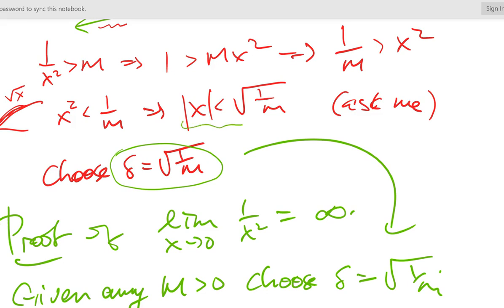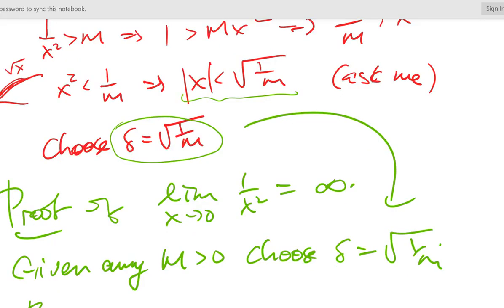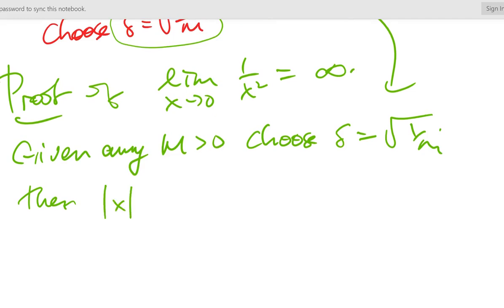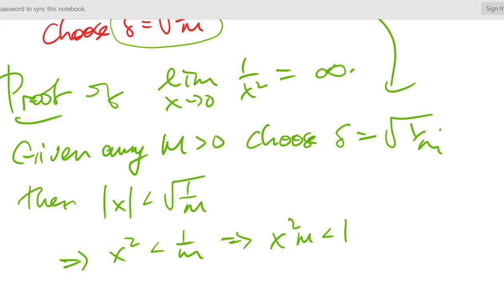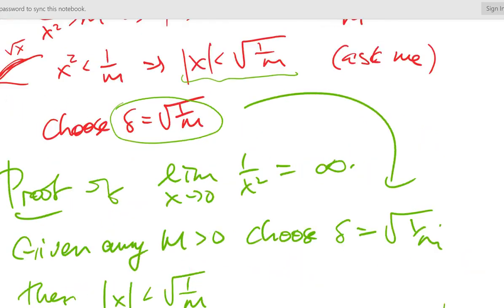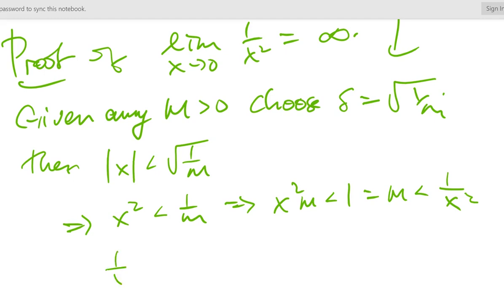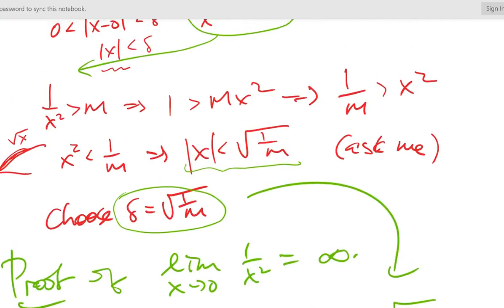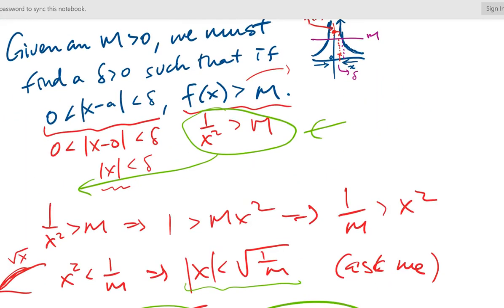Then that means that absolute value of x is less than square root of 1 over m. Now we're going to square both sides. So we get x squared less than 1 over m, which implies that x squared m is less than 1, which implies then that m is less than 1 over x squared, which is what we wanted. We wanted 1 over x squared greater than m. See, that's up here.